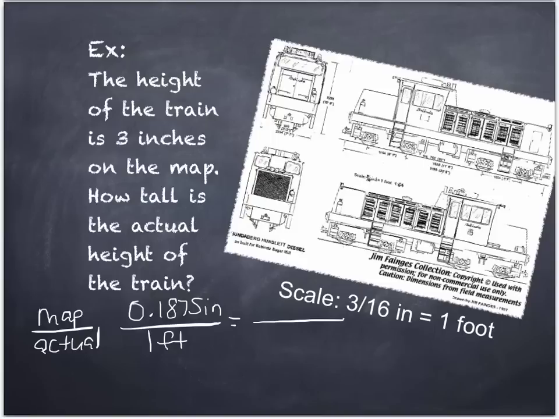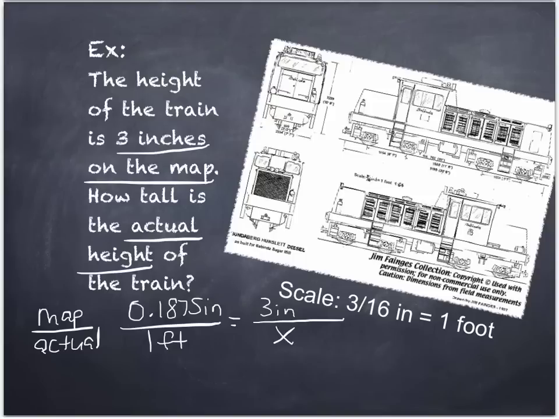We need to set it equal to another ratio. The problem says the train is 3 inches on the map, and we need to find the actual height. So 3 inches is our numerator, and we're looking for our denominator.